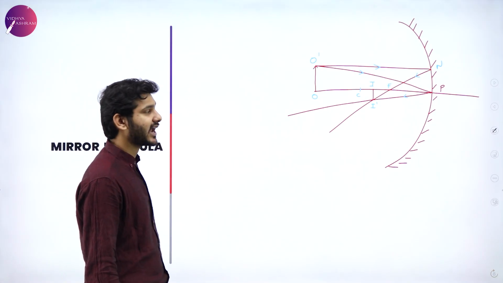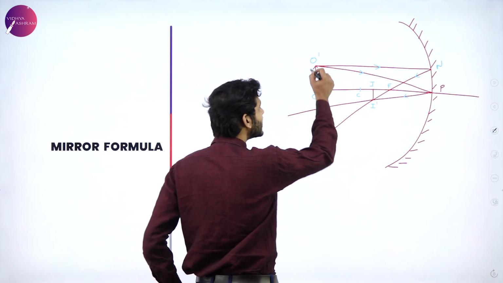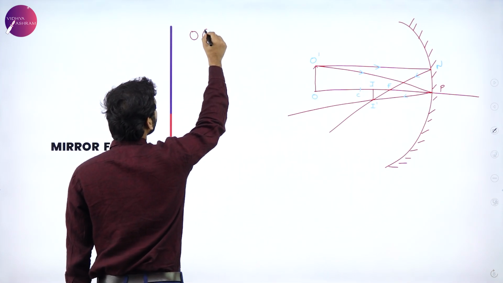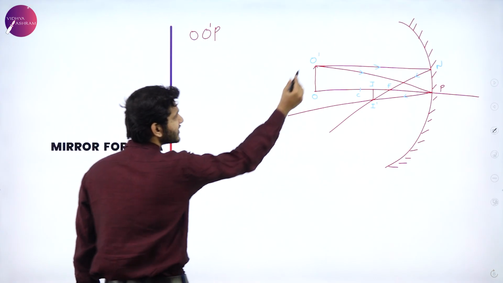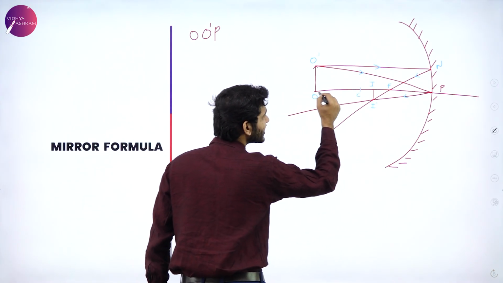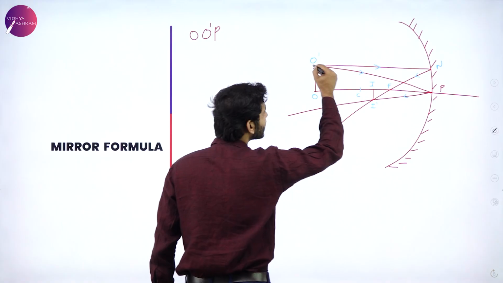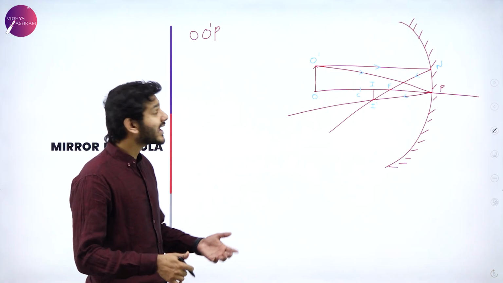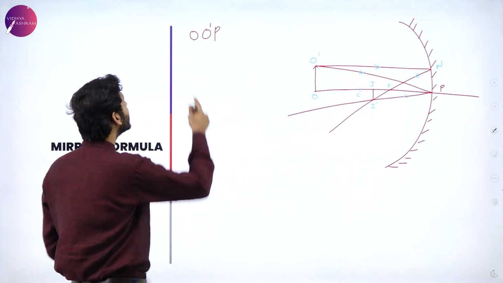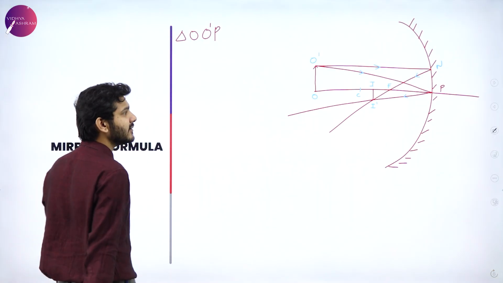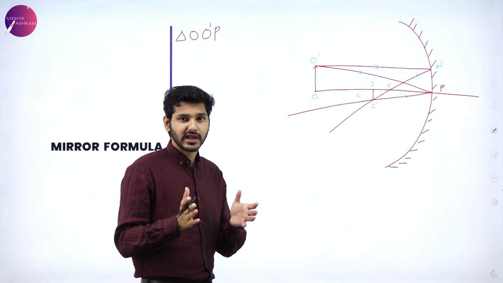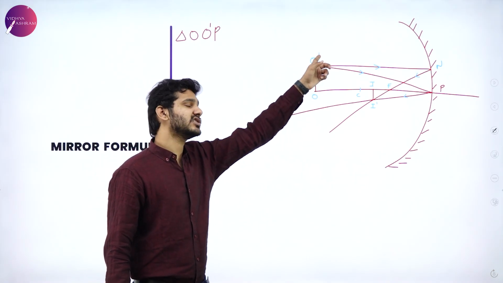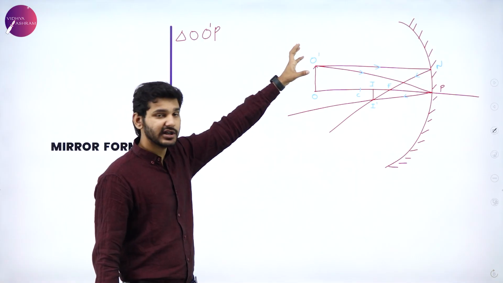So we have 2 triangles. There is one big triangle here, which is O dash P. The object, the principal axis, and this particular ray of light together make one big triangle, known as triangle O dash P. O dash is the object.